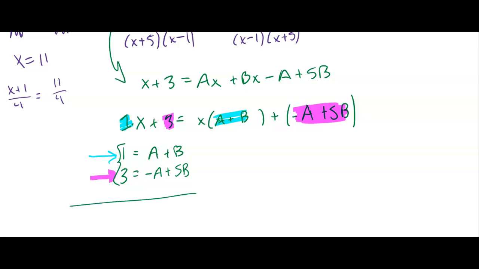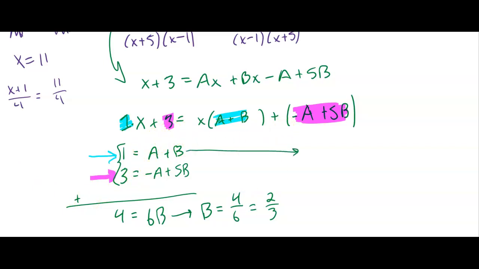This one's set up kind of nicely for us because we can use elimination. I get 4 equals, add the a and the negative a, they go away. Add the b and the 5b, I get 6b. From there, I can divide by 6 and get b equals 4 over 6, which could simplify to 2/3.